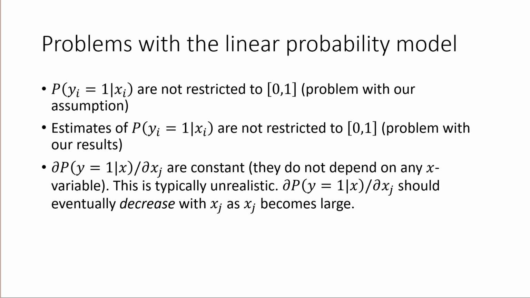Now, it turns out that if you want to know the marginal effect for an average individual, average in the sense of the values of the x variables, then the OLS will work pretty well. If I want to know the marginal effect of an additional hour of study for a student that studies approximately the average amount of hours, then the OLS estimator will provide me with a pretty good estimate.